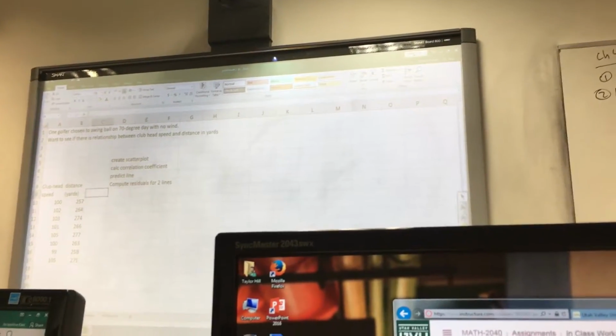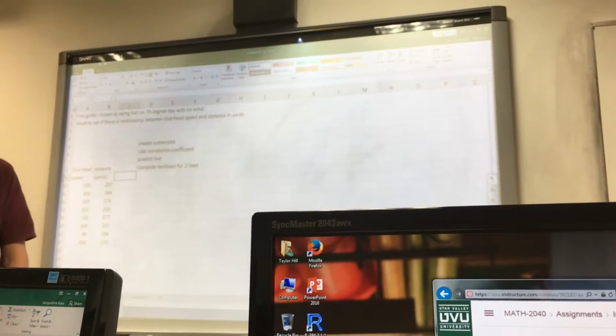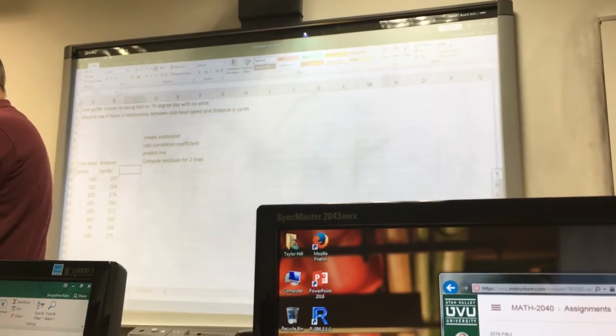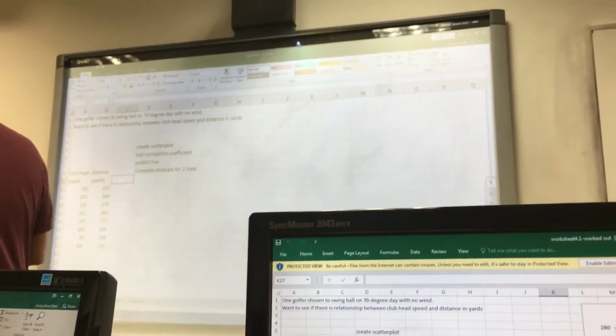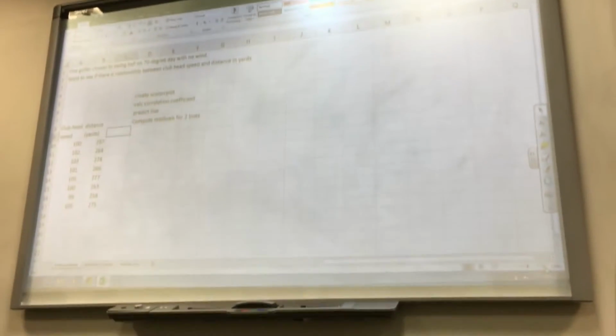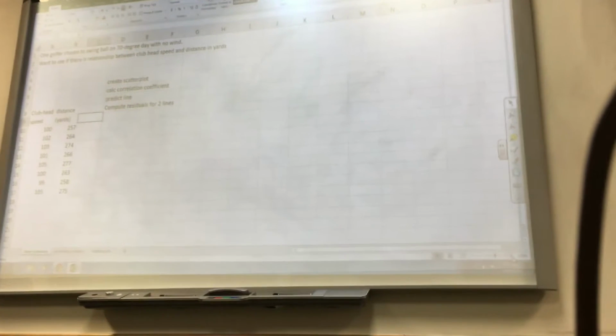You want to see if there is a relationship between club head speed and distance in yards. So let's think about that for a minute. I'm not much of a golfer, but do you think that the club head speed is going to affect your distance? You probably think there might be a good correlation here, right?